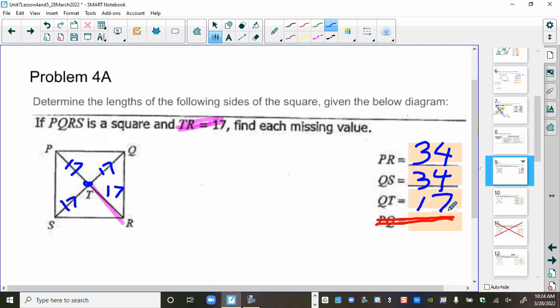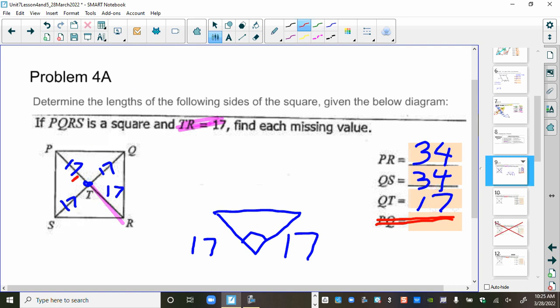Now, if you wanted to get PQ, which I crossed out up here so you don't have to do it, but one of two ways. Again, 17, 17, even though we don't know it, because we know that this is a right angle here, right?